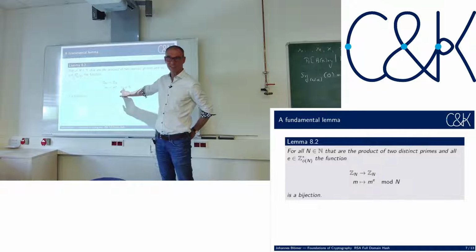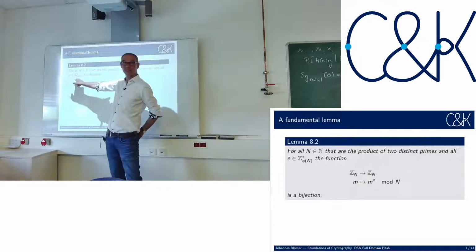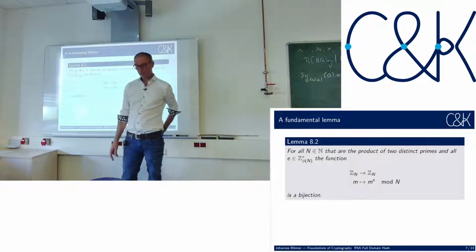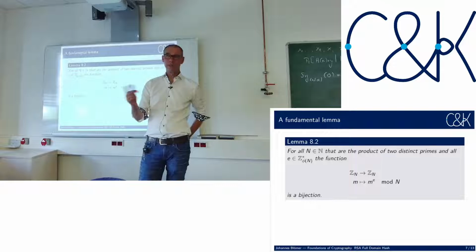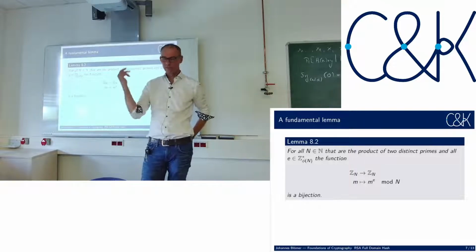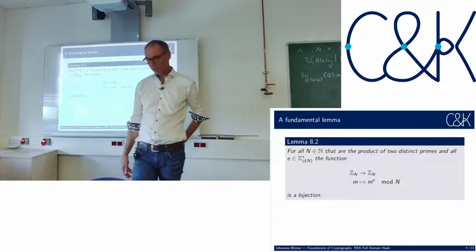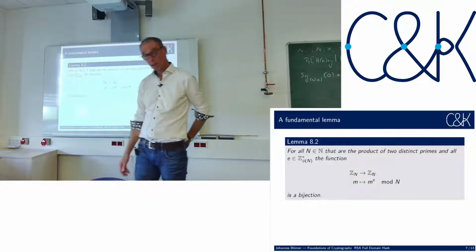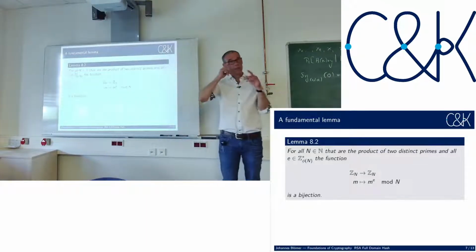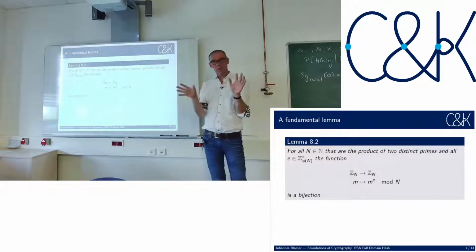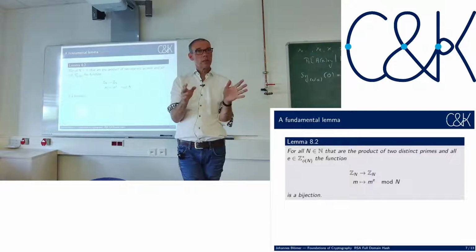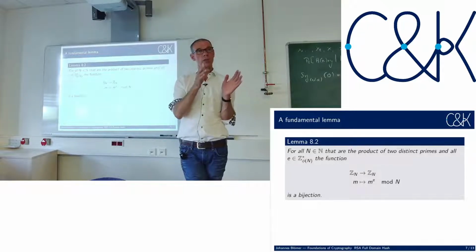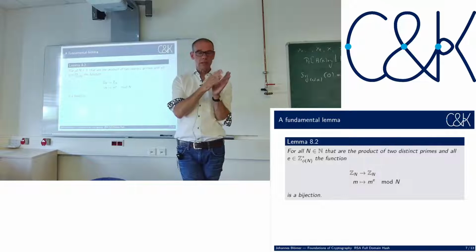Then it's not a bijection, because 2 is not relatively prime to phi of n. Phi of n is p minus 1 times q minus 1. P and q are different, so at least one of them must be odd, and then phi of n is even. Okay? So there are lots of things that you can play around with here. And we don't want to specify a specific generator. All I want to do is pick one relative to which this RSA inverting problem is hard.